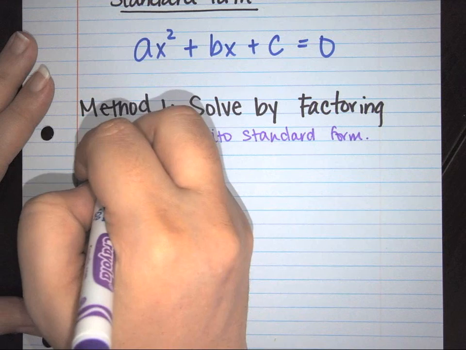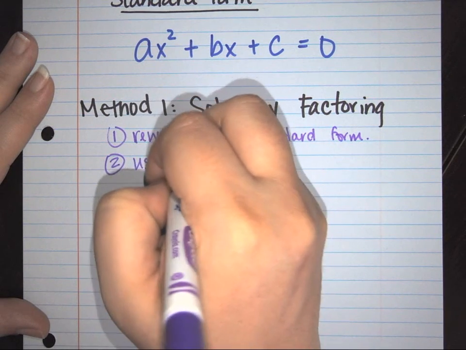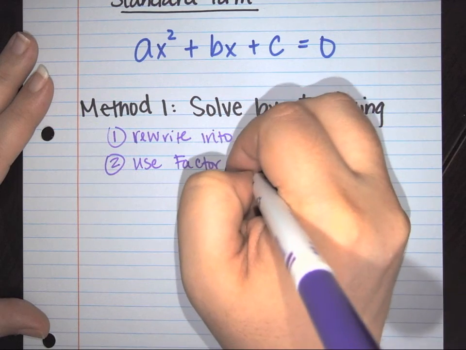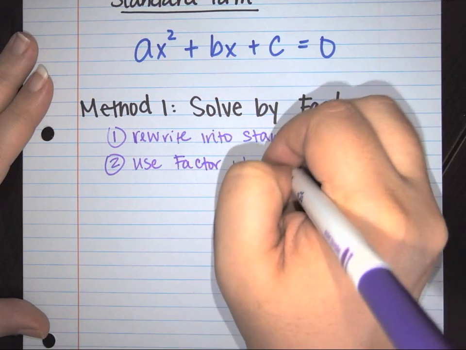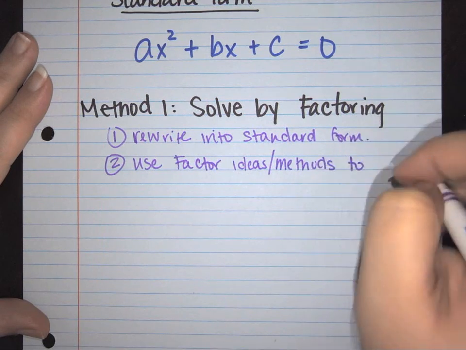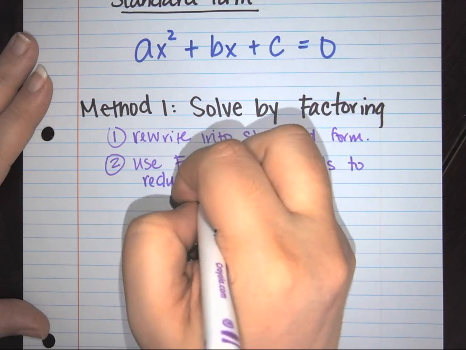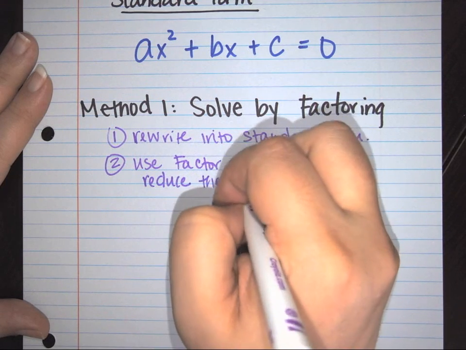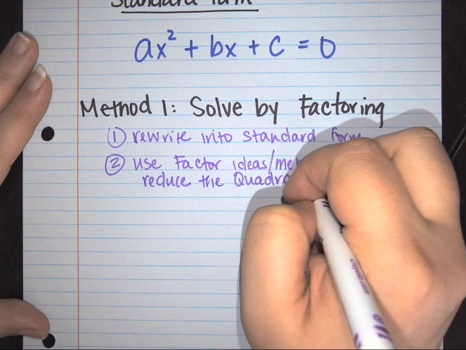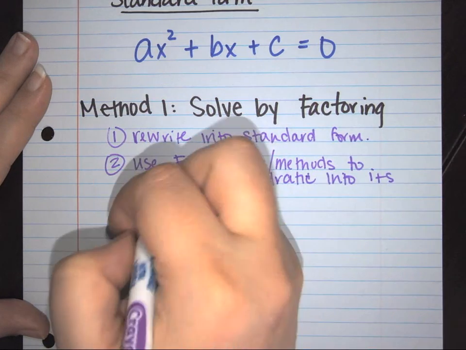Now, the second thing that you want to do is you want to use factoring ideas or methods to reduce the quadratic into its parts.